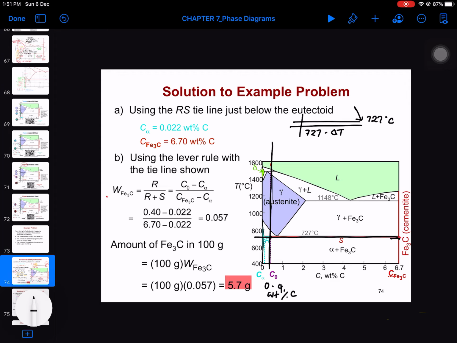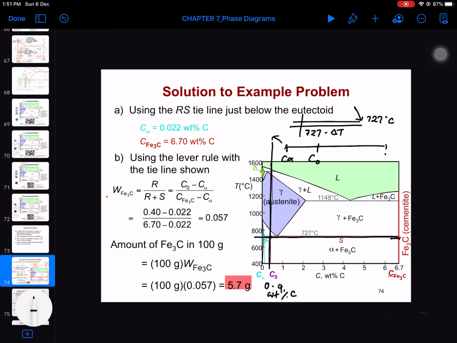Using the tie line just below the eutectoid, you'll get C alpha. This is your C naught, and this one will be your C alpha, because next to it is the alpha region.